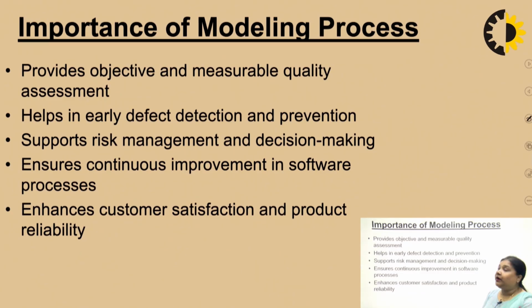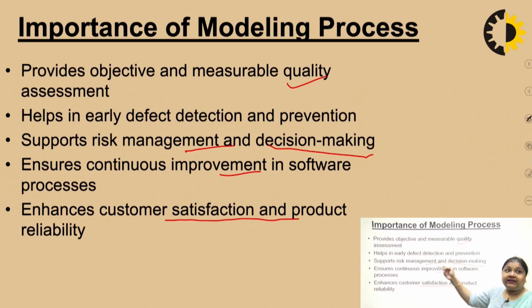Now, what is the importance of the modeling process? It provides objective and measurable quality assessment, helps in early defect detection and prevention, supports risk management and decision making, ensures continuous improvement in software processes, and enhances customer satisfaction and product reliability.